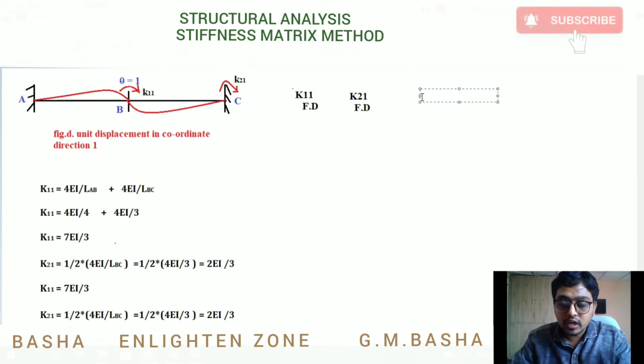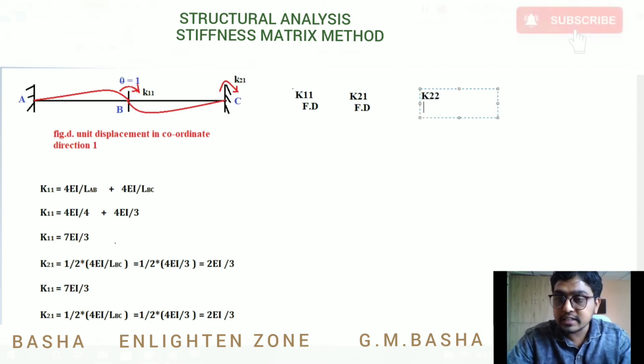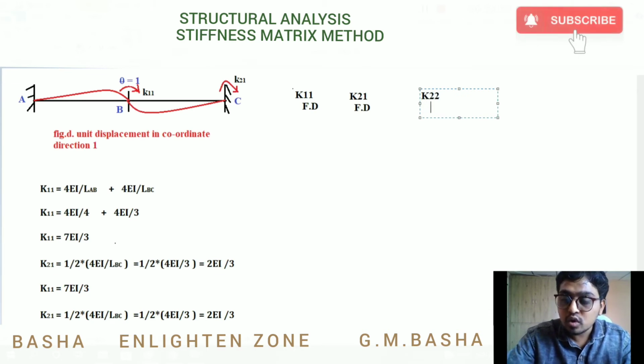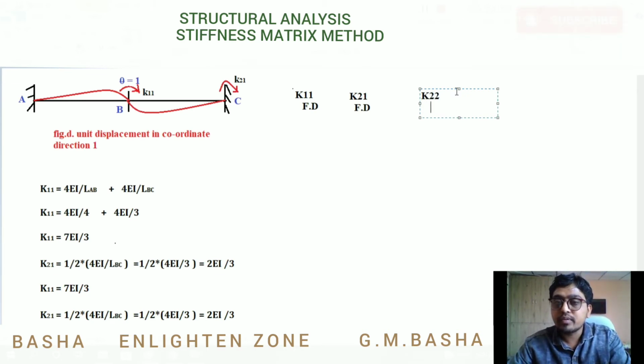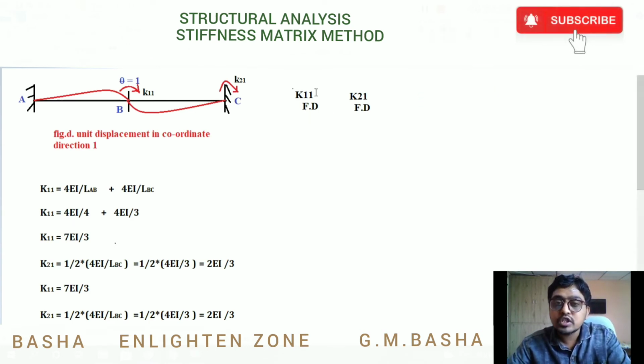Similarly, we will talk about K22 for the next case. So then I will show you there. You just remember up to here: K11, force at the first coordinate direction when the displacement is also at the first coordinate direction. K21, force at the second coordinate direction when the displacement is at the first coordinate direction.